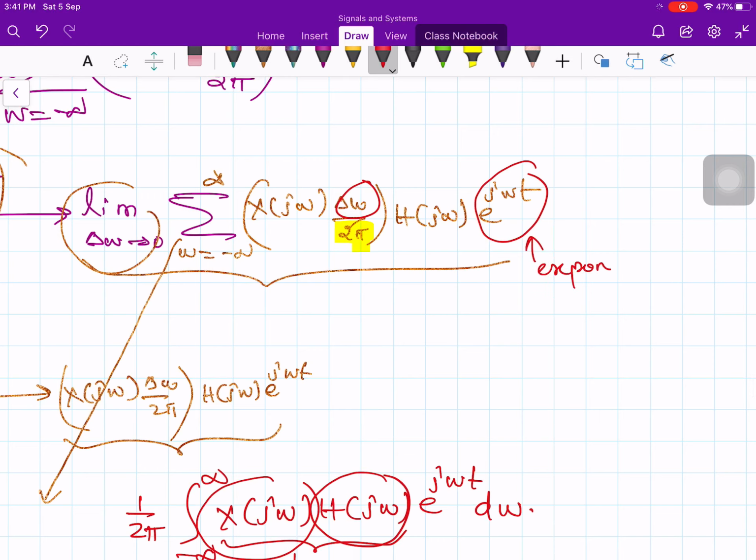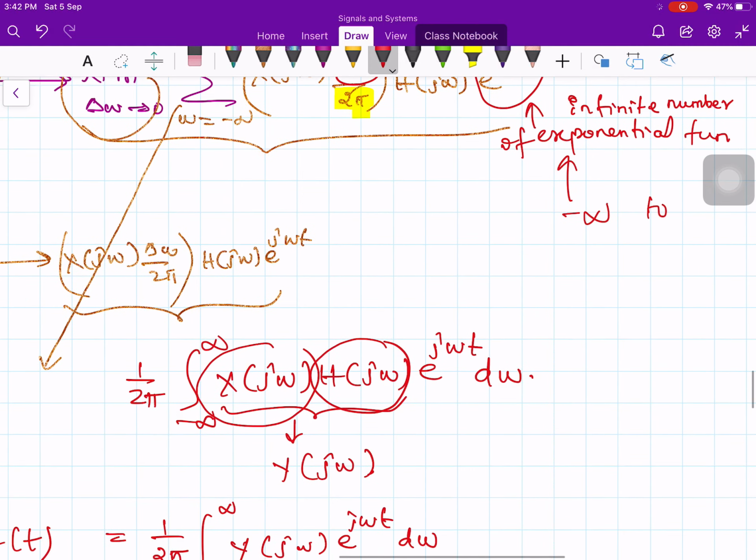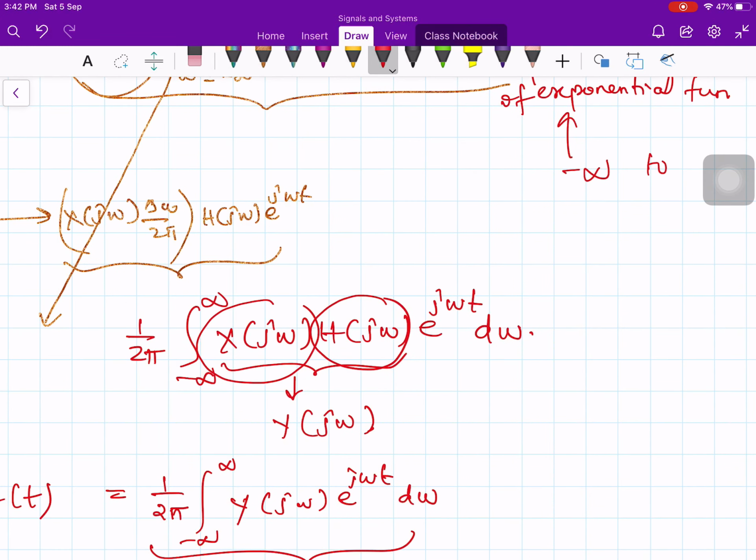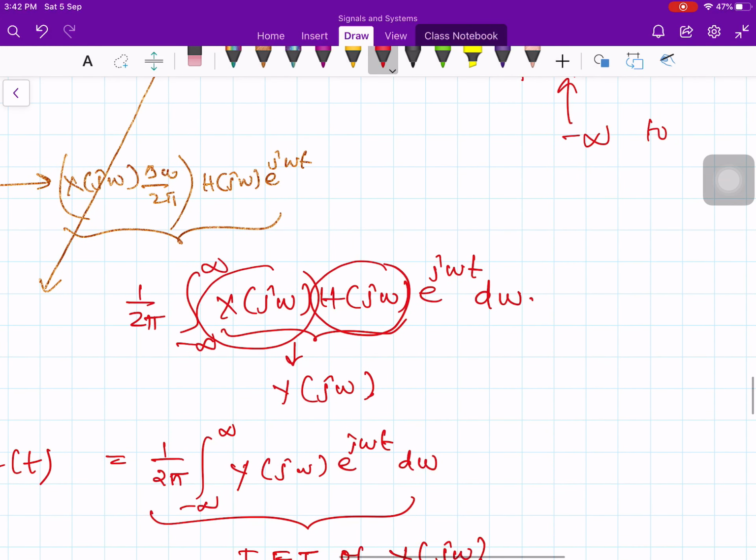An infinite number of exponential functions. These are all elementary sinusoidal functions, starting from minus infinity and going up to plus infinity, whatever point of time at which we want to evaluate the response. Now, if a sinusoid is given as an input to a network, the forced response is also a sinusoid, right? That is what we said.